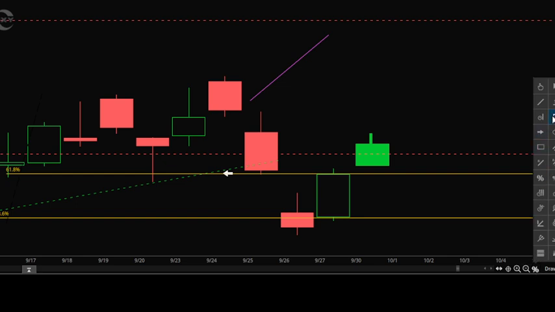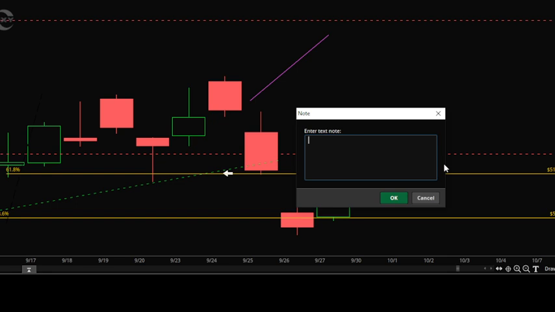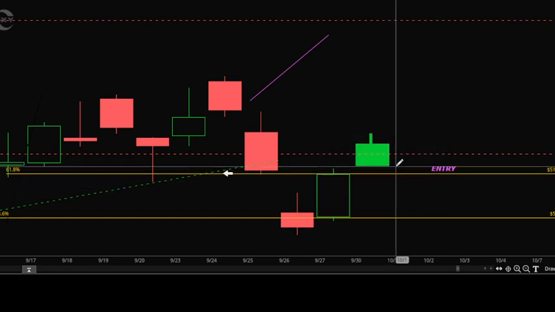So here we go. If I was to trade this tomorrow, I'm trying to do this with one hand, holding the mic with the other. Entry then would be what?